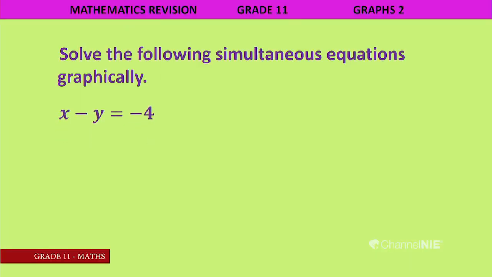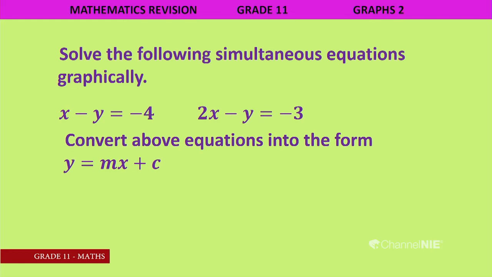Here x minus y equals minus 4, and 2x minus y equals minus 3. Convert the above equations into the form y equals mx plus c. It means you have to make y the subject. How to make y the subject?